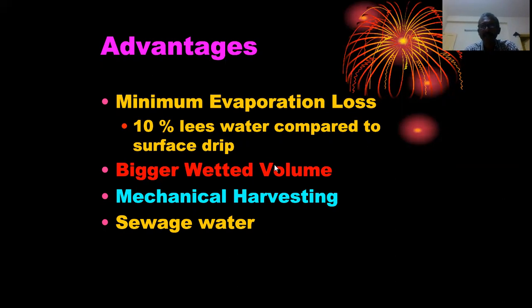And with a given amount of water, if you use surface drip irrigation and also subsurface drip irrigation, with the subsurface drip irrigation we will have a bigger wetted volume.